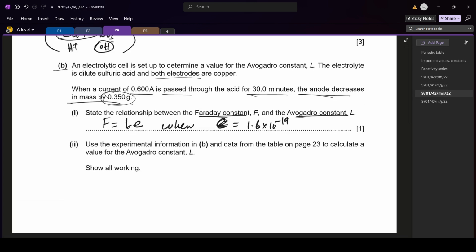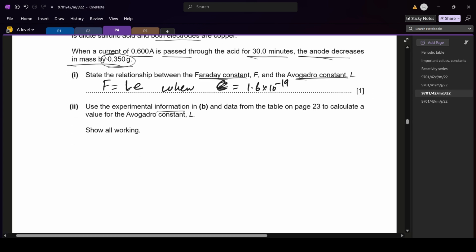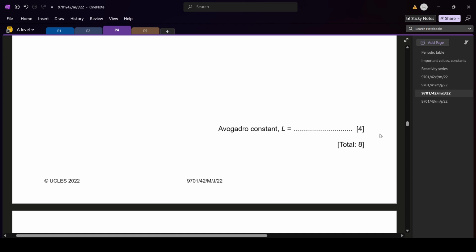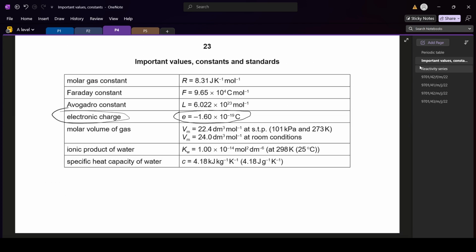Now part 2. Use the experimental information in B1 and data from the table on page 23 to calculate the value for Avogadro's constant. The table on page 23 is the important values.